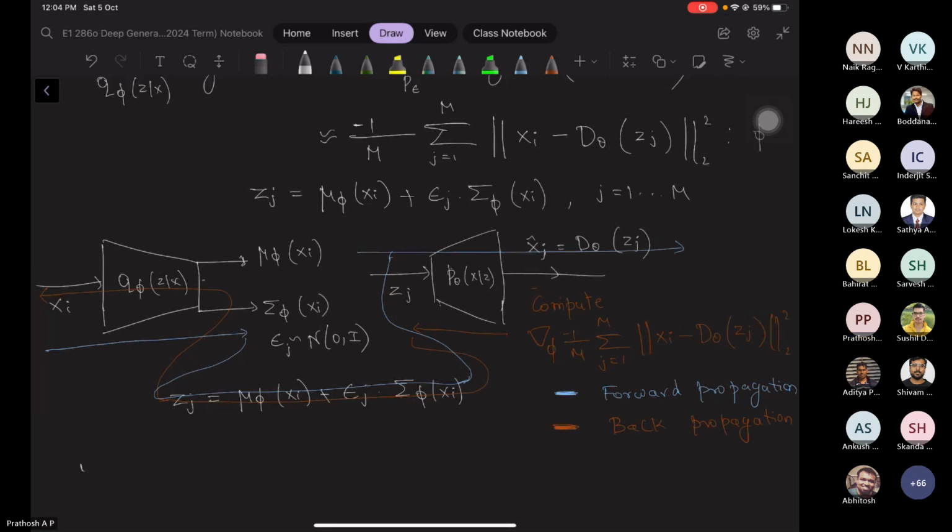Note that gradients do not flow through sampling. Do you see that? So maybe I'll write it in a different color, easier that way.